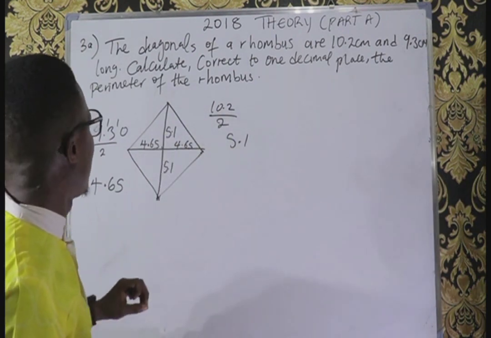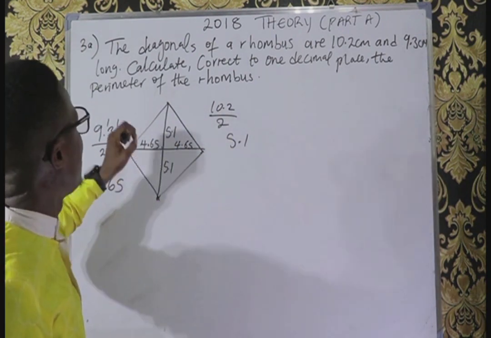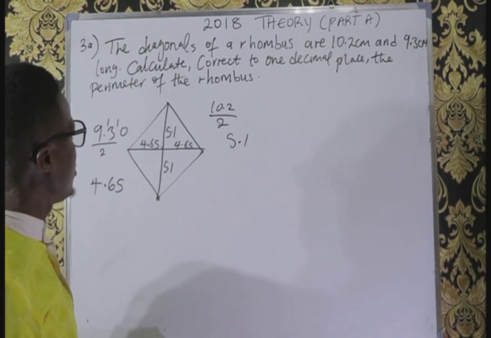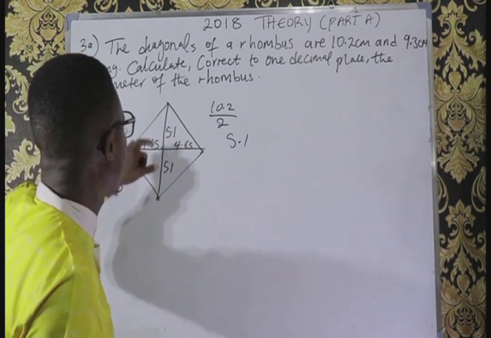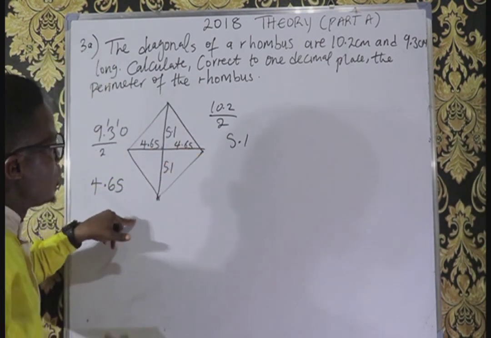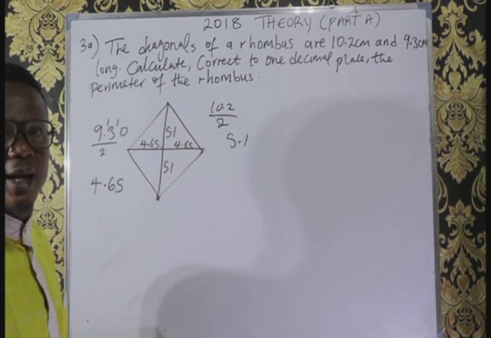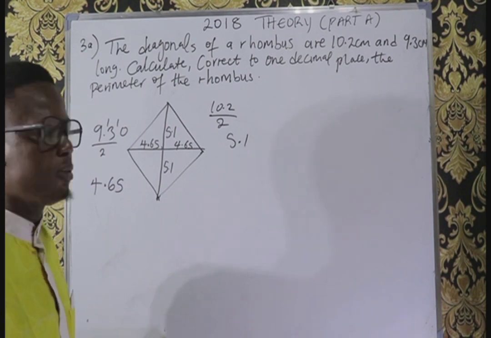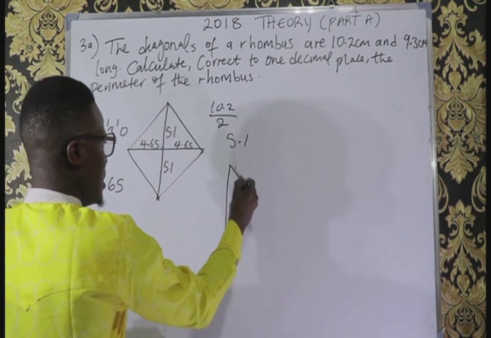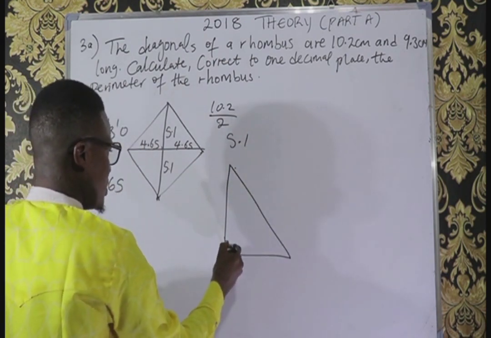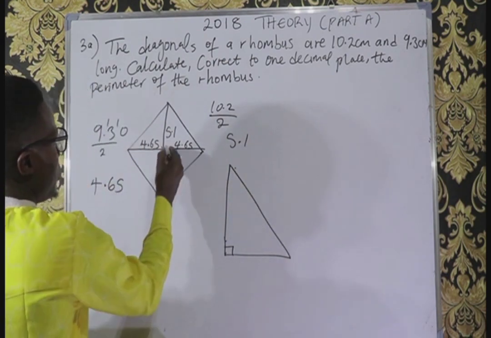Remember, our task here is to get the perimeter of the rhombus. The perimeter of the rhombus is just the distance around this rhombus. So if you're able to get any of the sides, you multiply by 4 because it has 4 sides and all the sides of a rhombus are equal. So I can carefully bring out one part like this. You can see they are right angles to each other at the meeting point.